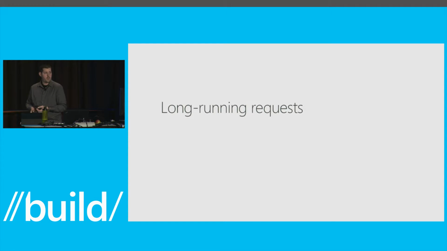Long-running requests. So in ASP.NET, we do have a bit of overhead for each request that comes into the server. Each particular request for an out-of-box template file new project takes around 25 to 30K of overhead, of RAM.